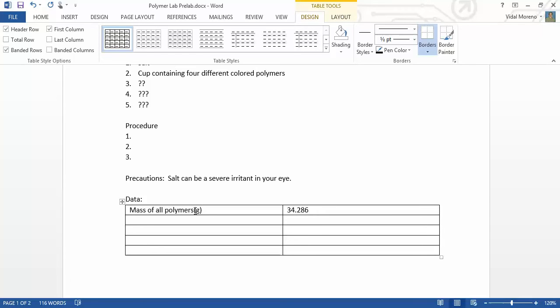By putting it right there, you're defining that everything in that row is in grams. What's the next thing? Mass of cloudy. 2.35345. Is that right? I don't know. I'm making this up.